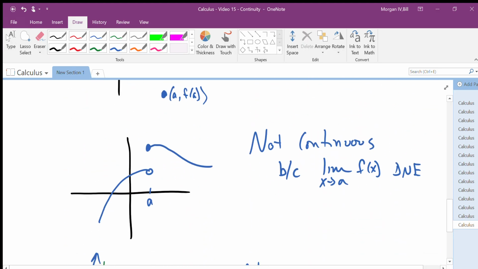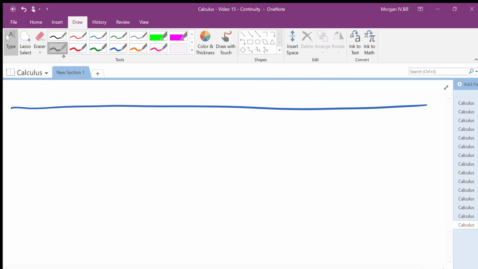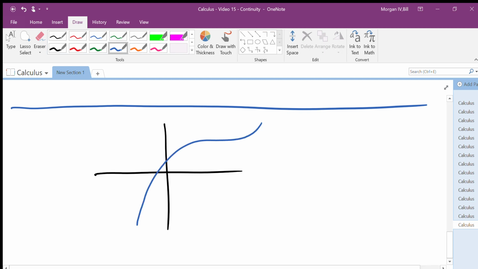What would a function look like that is continuous? Well, we could say, look, it's got a circle there. It's got a jump here, right?